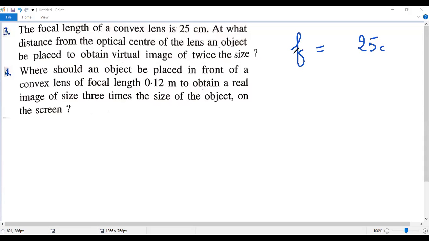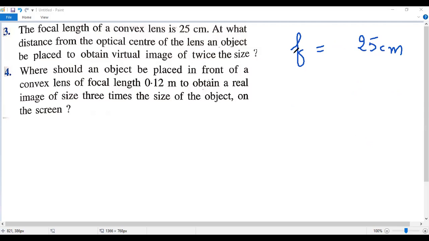Shall I write down here a sign of minus or positive? It is a convex lens, and in case of a convex lens, the second focus is on right side, as given in figure 1 also. So we will take it as plus 25 centimeter, which can also be written as simply 25 centimeter.